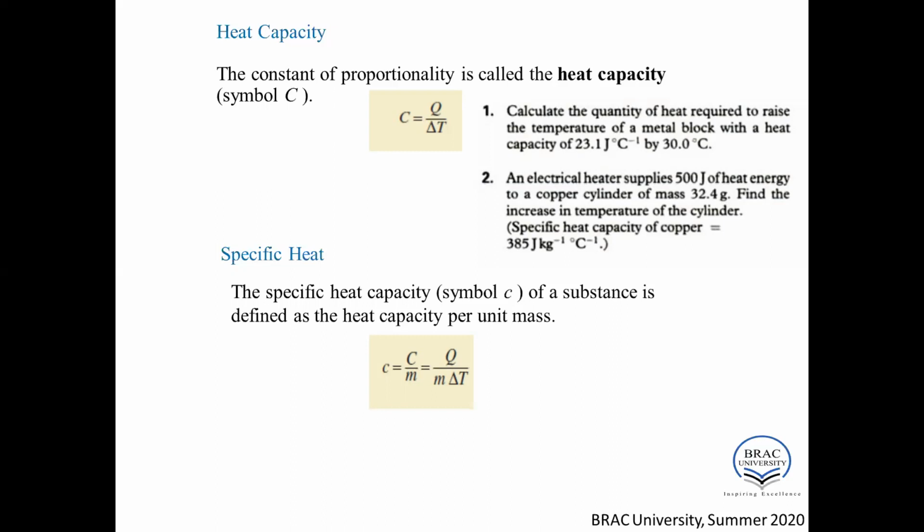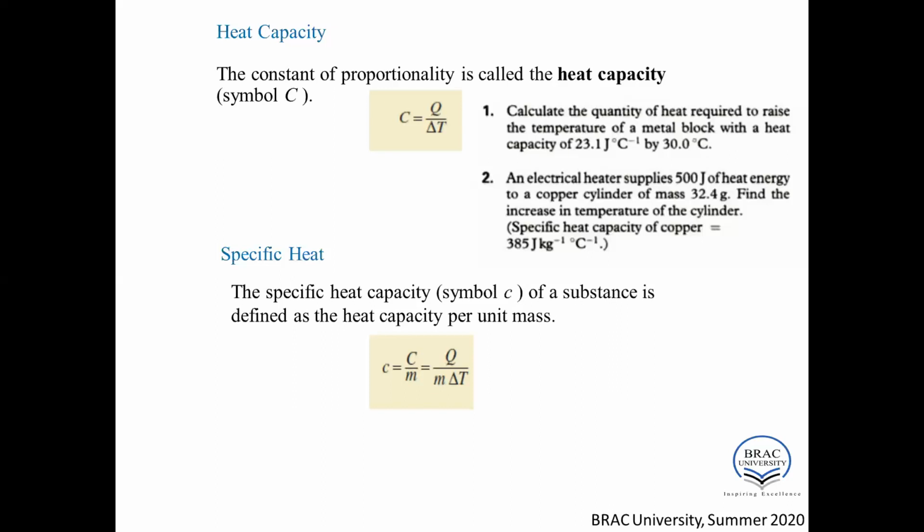If Q is the heat required to increase the temperature by del T, then the heat per unit temperature increase is Q by del T. This Q by del T is called the heat capacity and is denoted by C. So C is equal to Q by del T, which is the heat required to increase the temperature by 1 unit.